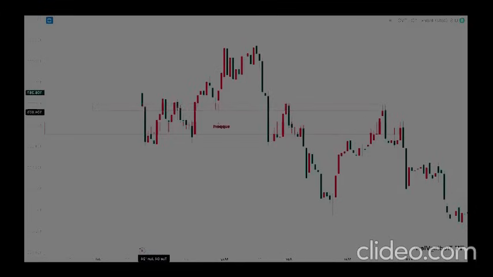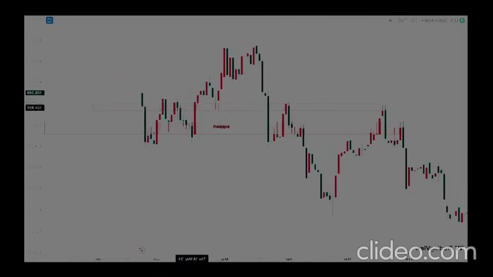So what about this support? I mean, about this chart.